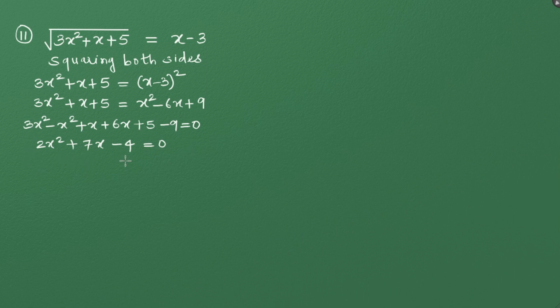Now this is a quadratic equation. Get the factors. To get the factors, first multiply 2 with minus 4. You will get minus 8. Now you want two numbers such that when you multiply you get minus 8, and when you add you get plus 7. So those two numbers are 8 and minus 1. Let's solve this. Take out common factors.